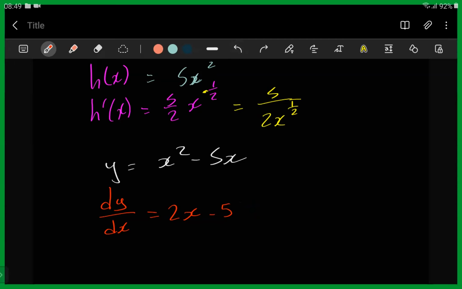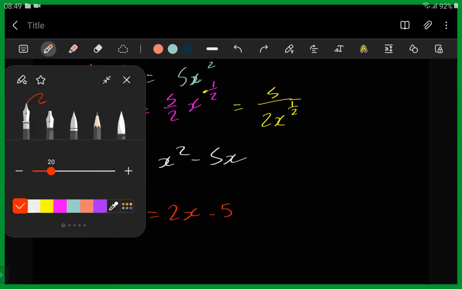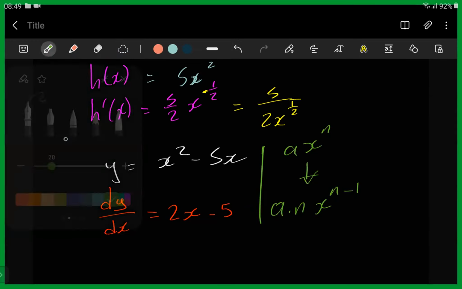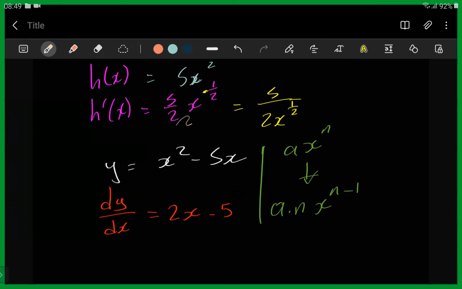No, I don't see. Maybe start again. Yes. So we said that, remember, the law says all you do is exponent multiplies the coefficient, and then you remove 1 from the exponent. So what I'm saying is, the original exponent here is a 2, and the exponent here is a 1.